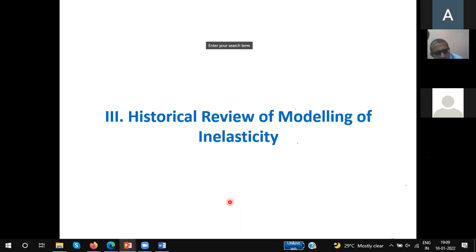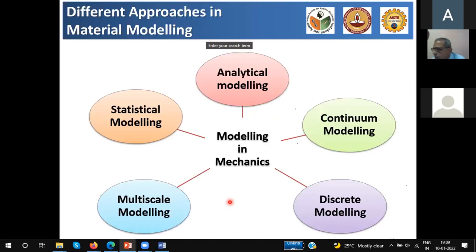So let us quickly go through these issues. The term called modeling, now we are coming into modeling. We have looked into experiments, now we will look into modeling. There is something called a constitutive continuum model, which is used in continuum mechanics.